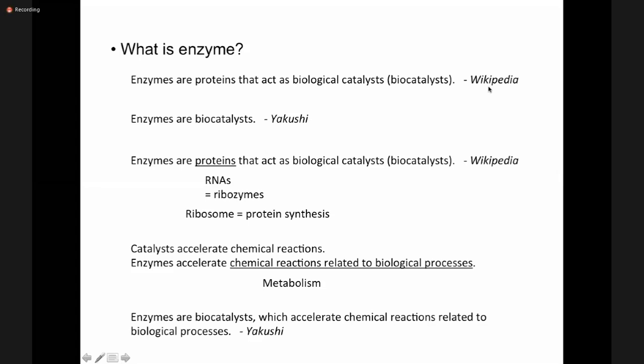And Wikipedia says enzymes are proteins that act as biological catalysts or biocatalysts. So maybe good. This is true, I think. I agree with the Wikipedia definition.